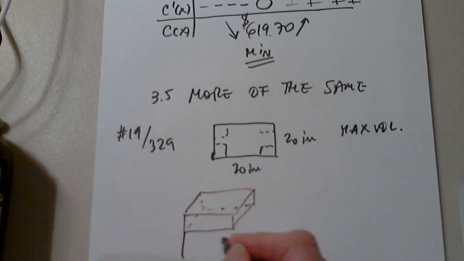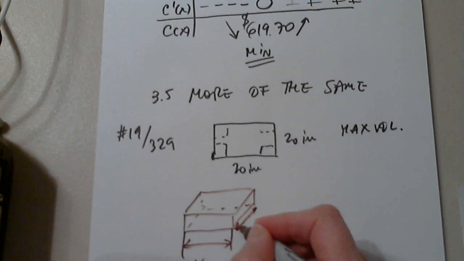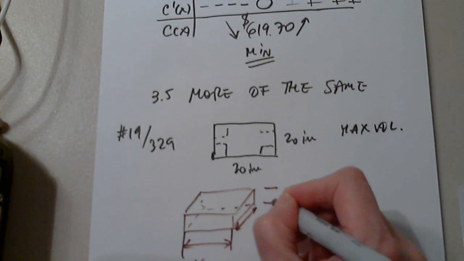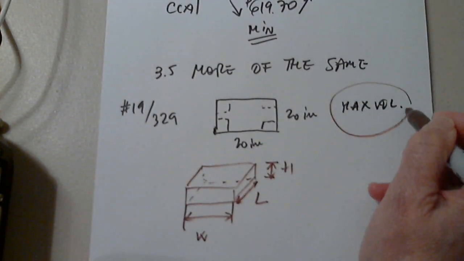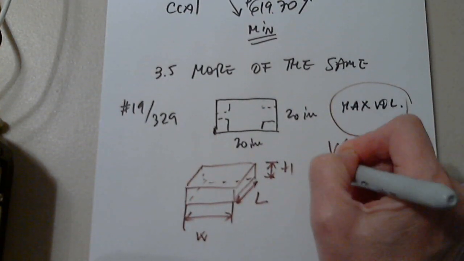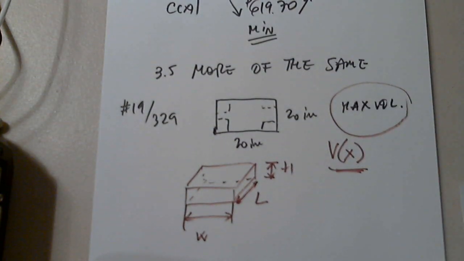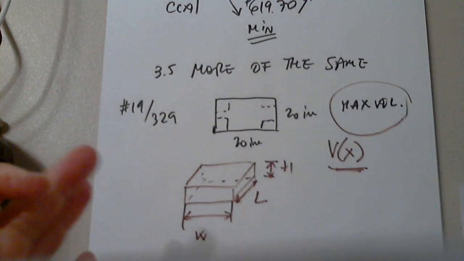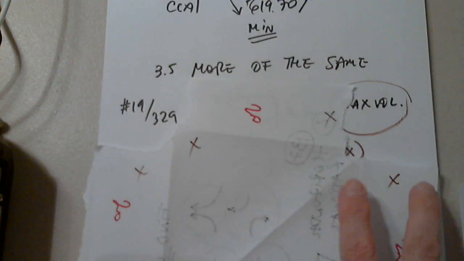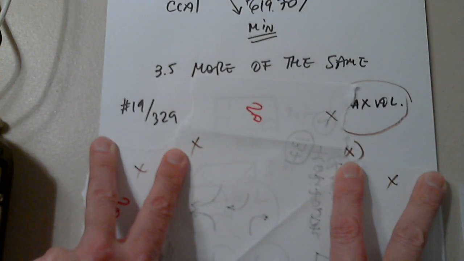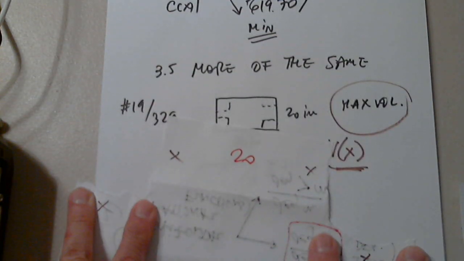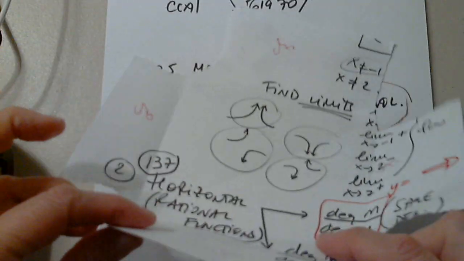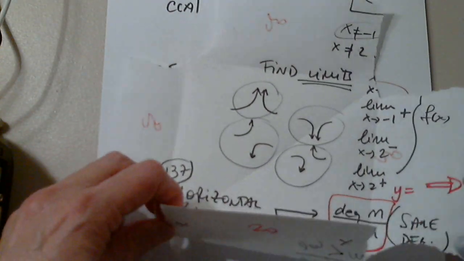So now when I fold and I create the sides and I create this box, I need to identify the width. I need to identify the length, or vice versa, it doesn't matter. And I need to identify the height. Why I need these 2 dimensions? Because I have to create a function that is volume. So I had 20 inches, but I removed these. I had 20 inches, but I removed these. So this will be the width.